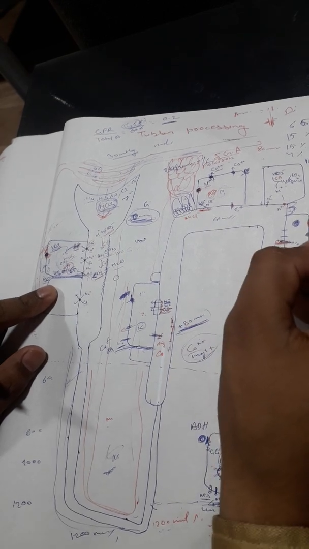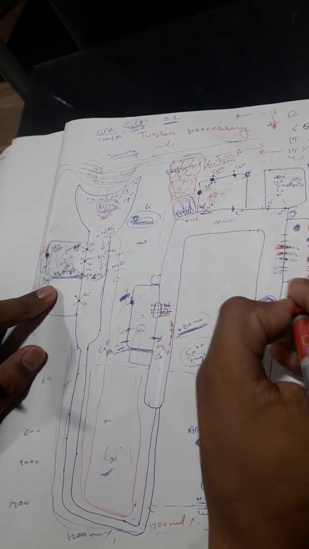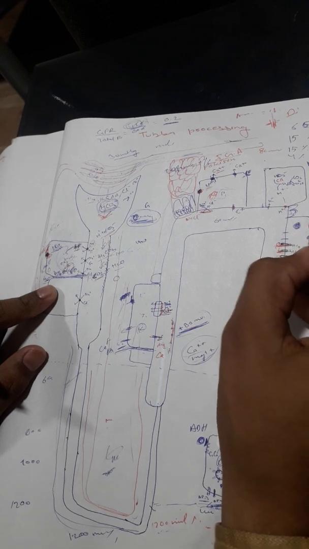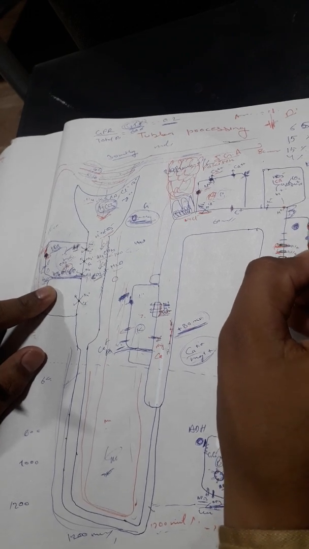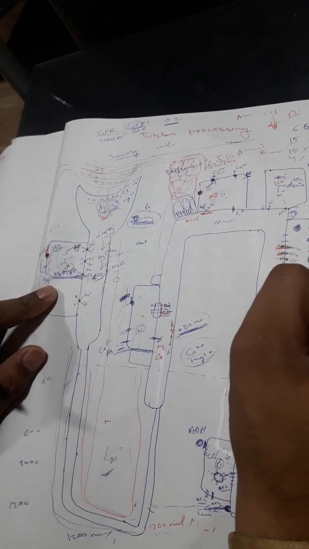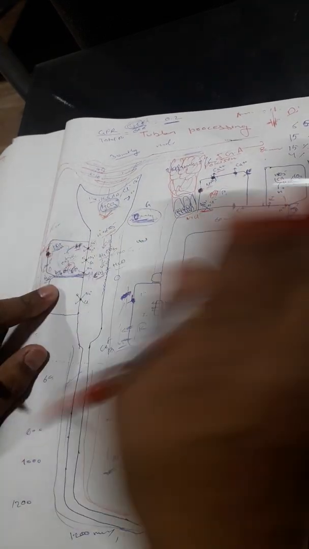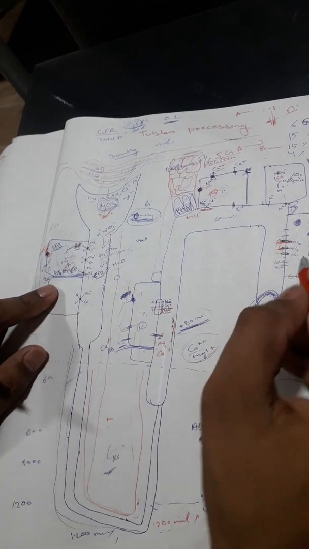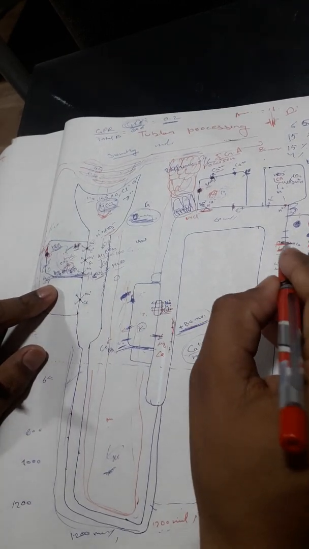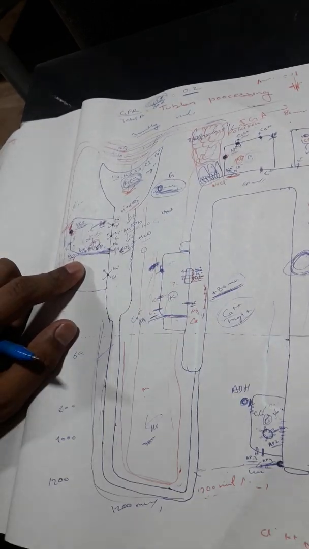So aldosterone binds on its receptor, and the sodium potassium ATPase increases. But because of the deficiency, no more sodium absorption occurs in the principal cell, because the sodium channel is blocked by these drugs. So these are the action mechanisms of these drugs.